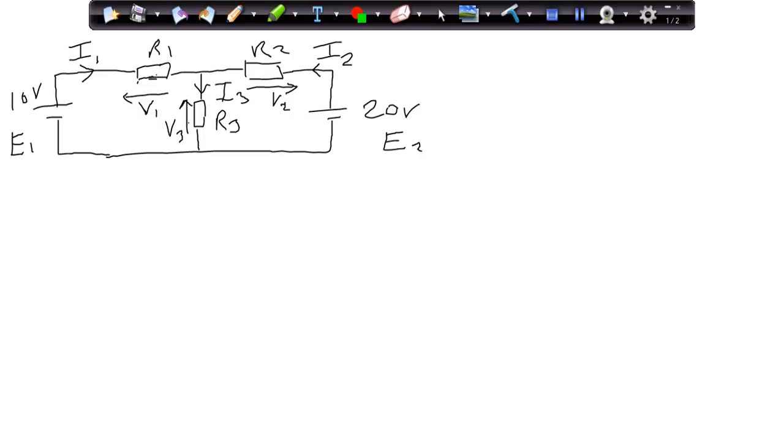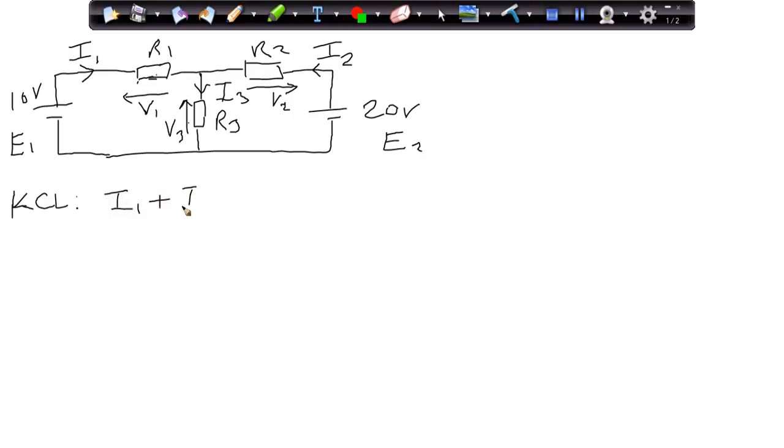Next thing we do is write Kirchhoff's current law, KCL. So what we've got is, if we're looking at this node here, we'll say that I1 is flowing into that node, so that's going to be positive.